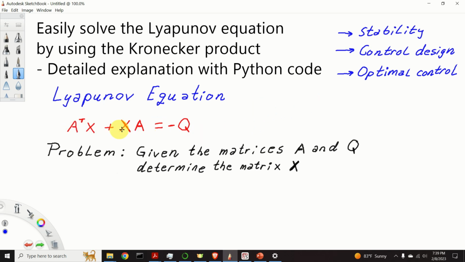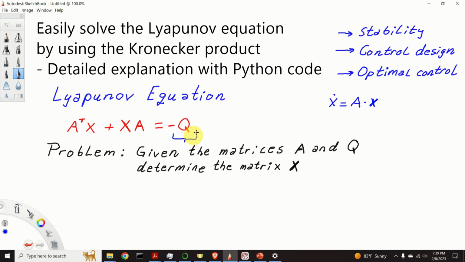Here is the Lyapunov equation. This matrix A is a known matrix, and often this matrix originates from a linear or a linearized system that has the standard form, A times X. The matrix Q is a constant and known matrix.